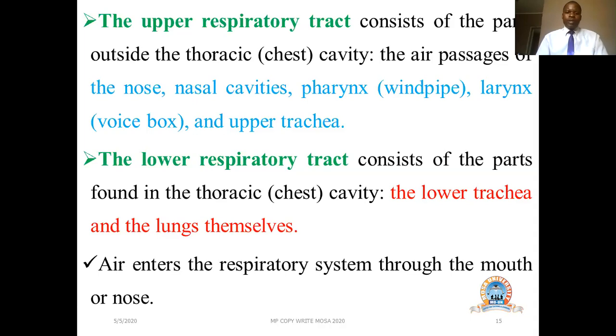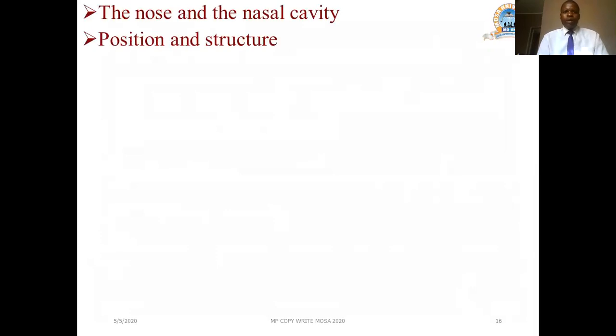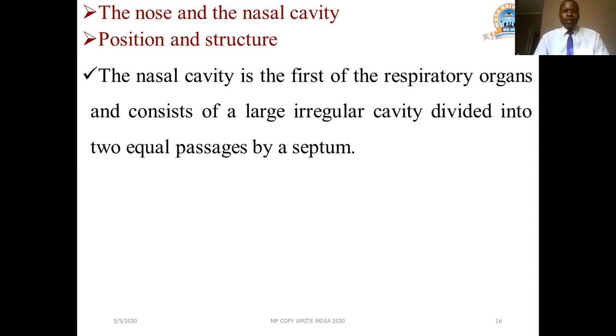Air enters the respiratory system through the mouth or the nose. We are saying you can either breathe through the mouth or through the nostrils. The nose and the nasal cavity, position and structure.